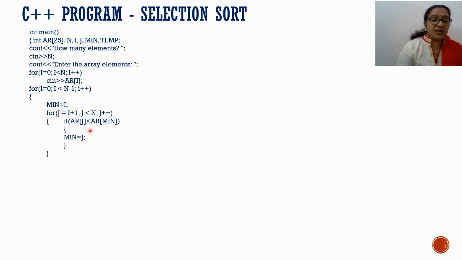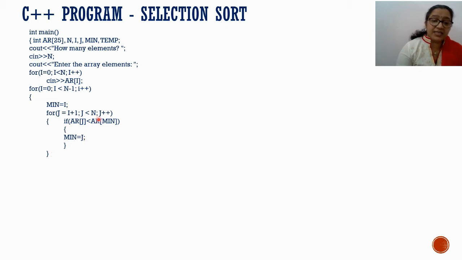Inside that we check if AR of j, that means AR of 1, is less than AR of min, which means AR of 0. If it is less, change the value of min to j, that means we will get 1. Understood? Only with position we can find the smallest one.